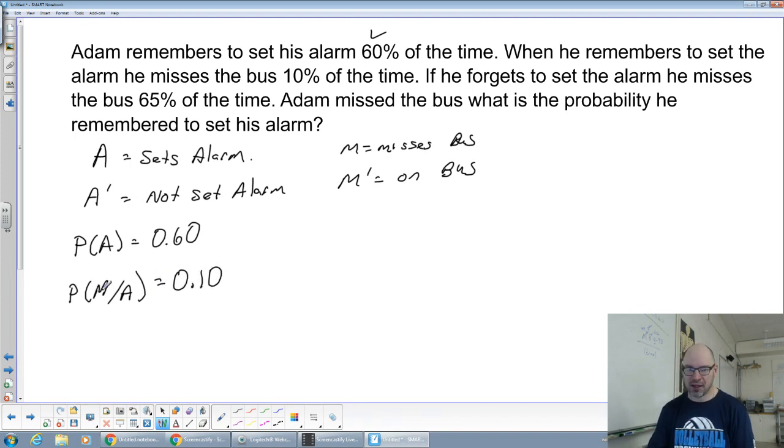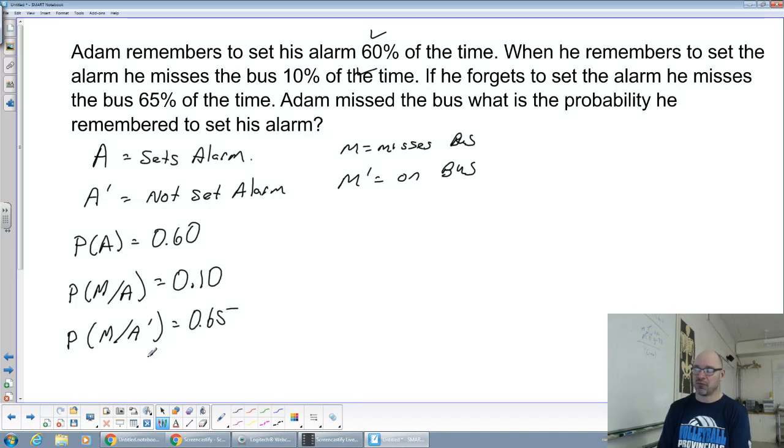Okay, the opposite of that we can do as well if we want to, but we don't need it so far. If he forgets to set his alarm, he misses the bus 65% of the time.